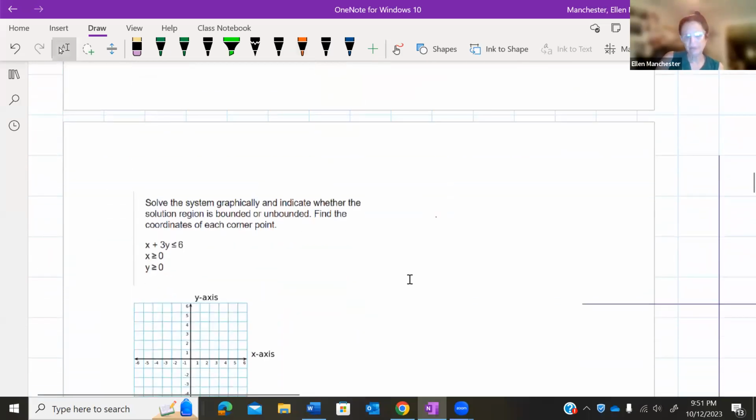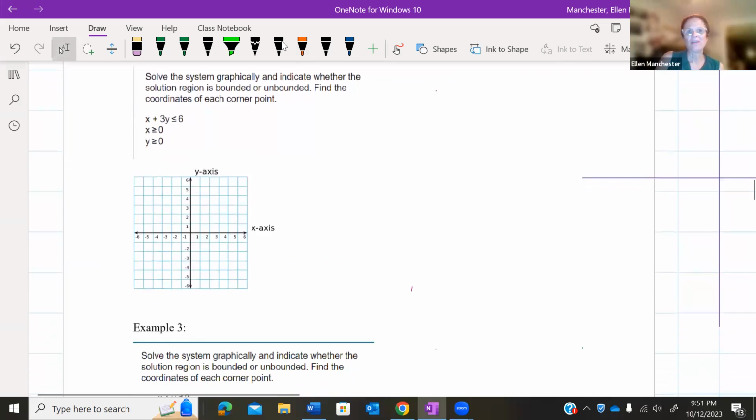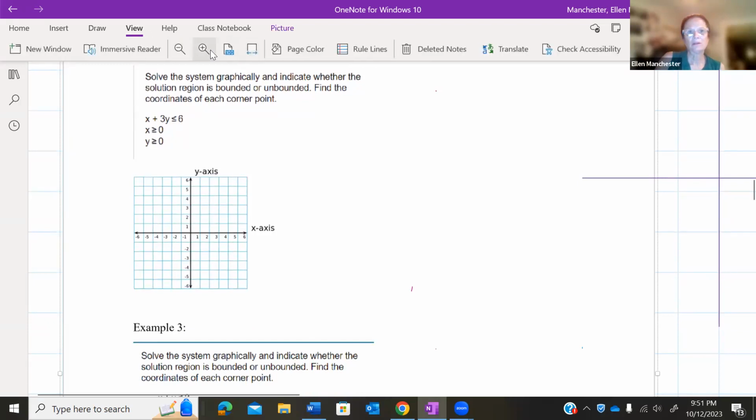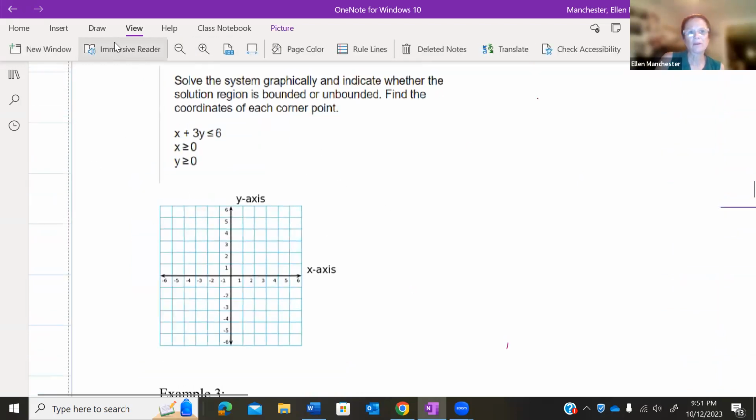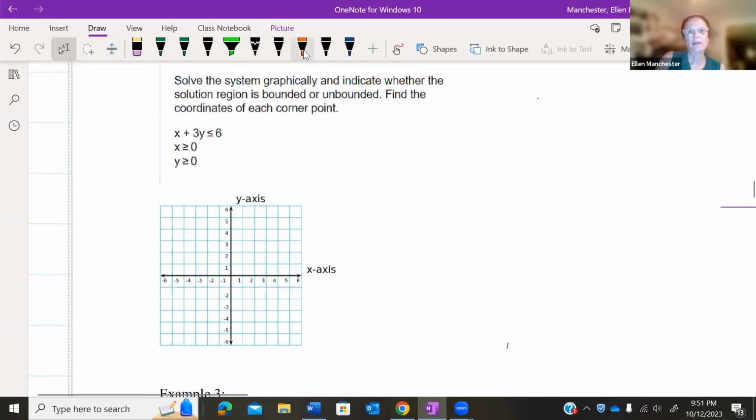All right, okay, so here we go. So with this one, I'm going to make this bigger so that we can graph it easier. Should have done that in class. Okay, with this one, and again, I'm going to use my different colors. So first things first, I notice I have your restrictions, right?